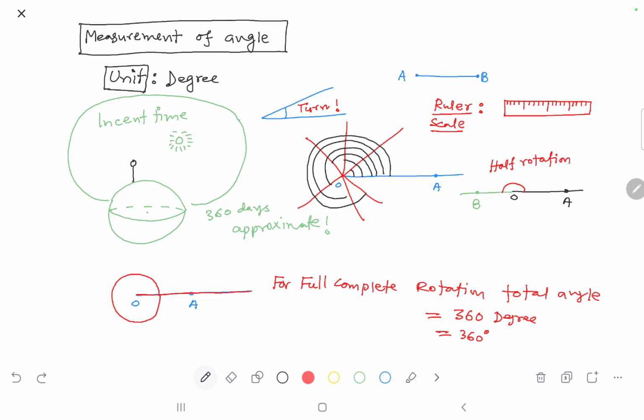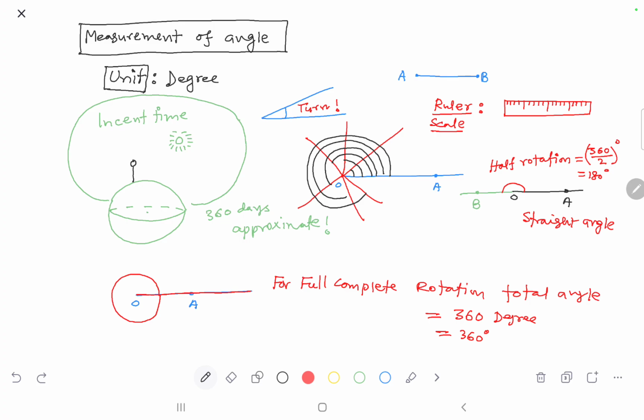So half rotation means the total angle 360 is divided by 2, so this is 180 degrees. This is called the straight angle, and its measure is 180 degrees.